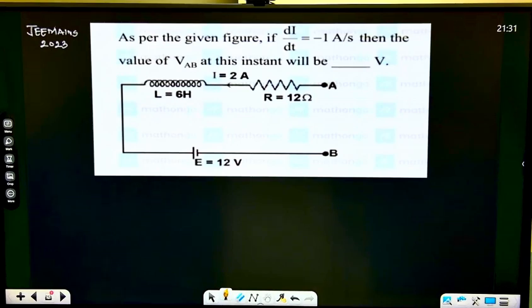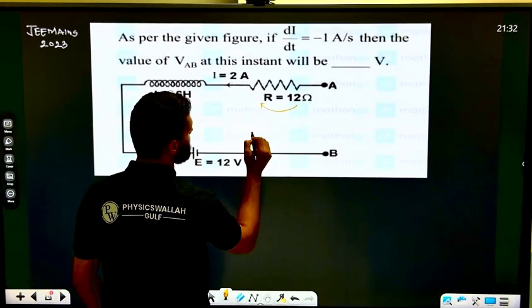This is a similar type of question. Here how much drop? 24.